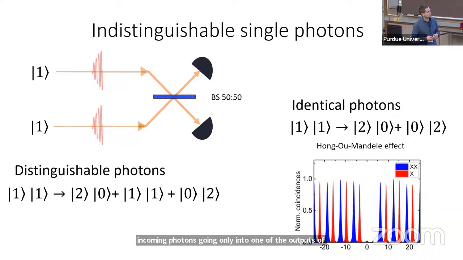This is the so-called Hong-Ou-Mandel effect, and it occurs because of quantum interference between single photons.